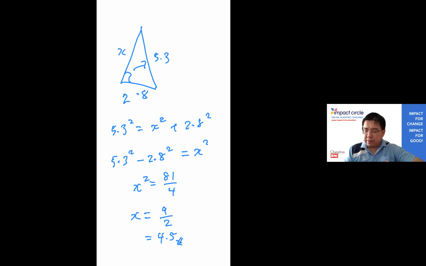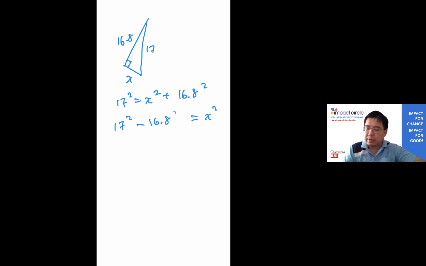Question 5, you have a triangle that looks like this, with x here, and the other two sides being 16.8 and 17. Forming the equation, we will have 17 squared equals x squared plus 16.8 squared. Subtracting 16.8 squared on both sides will give you 17 squared minus 16.8 squared.